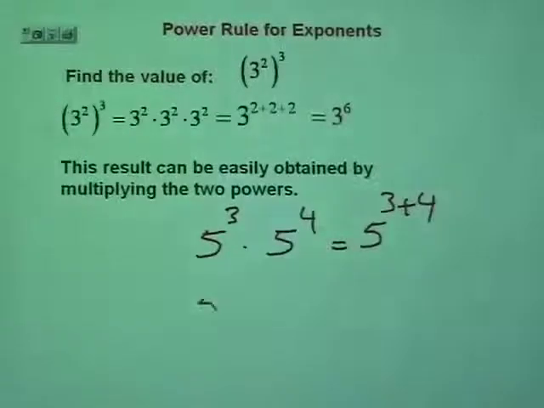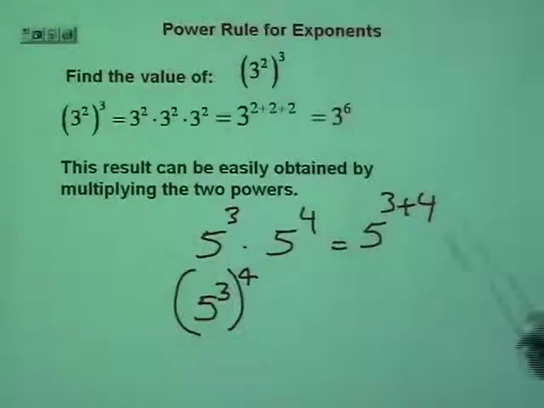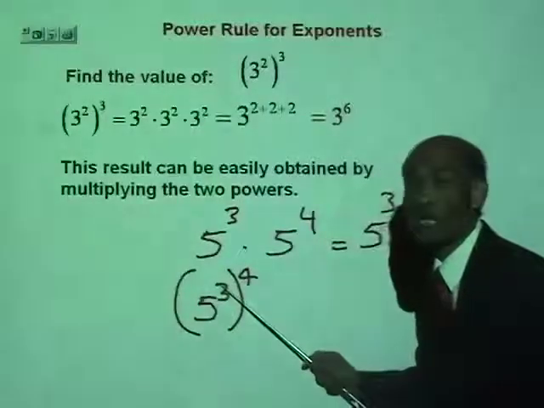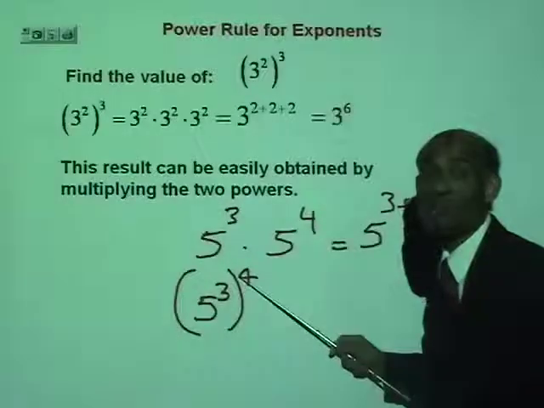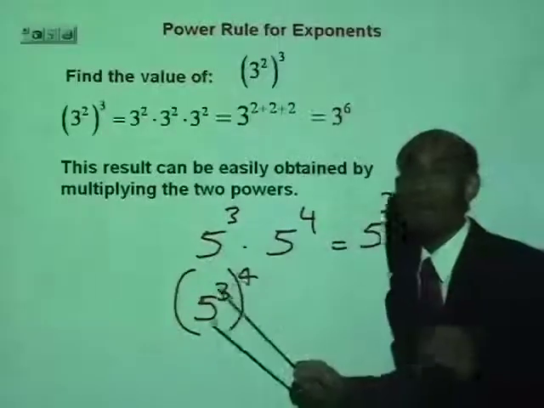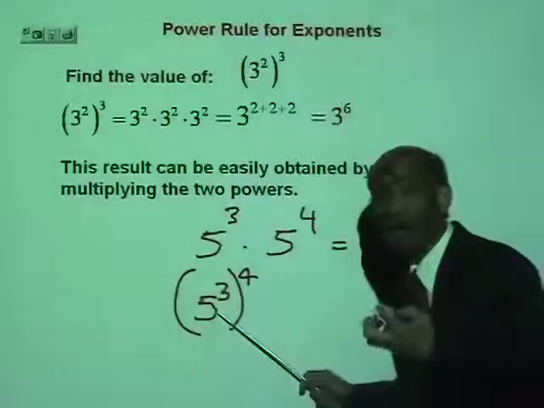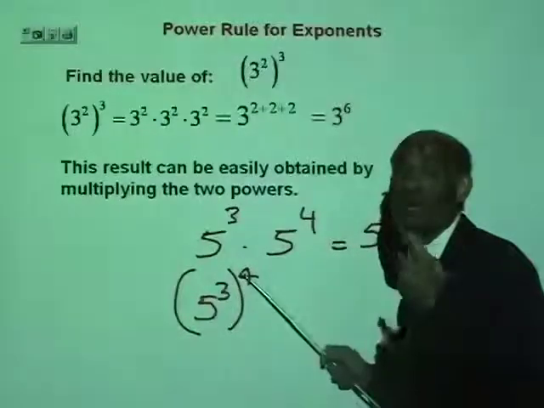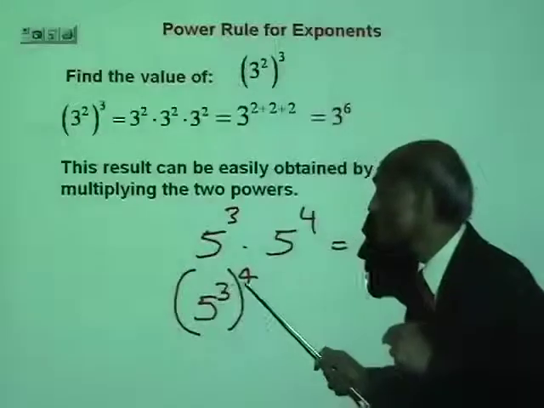On the other hand, if I have 5 to the power of 3 and I want to raise that to the power of 4, the expression 5 to the power of 3 is now raised to the power of 4. I normally say a power is raised to a power. It is then that you multiply the powers.